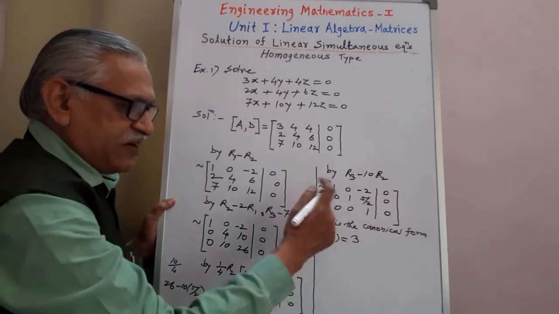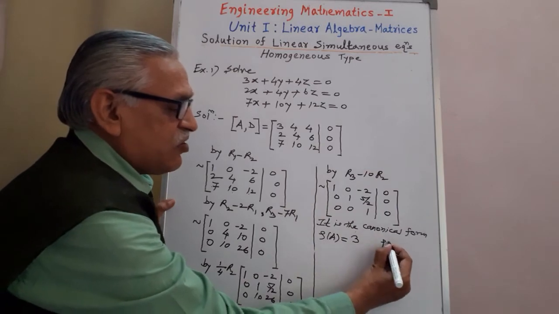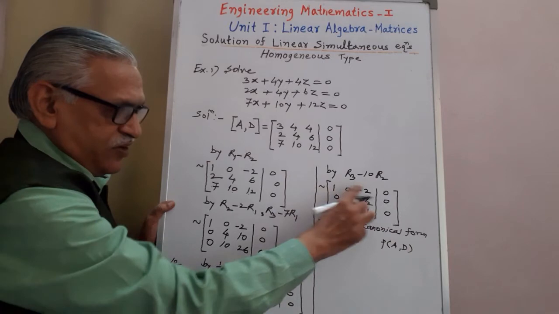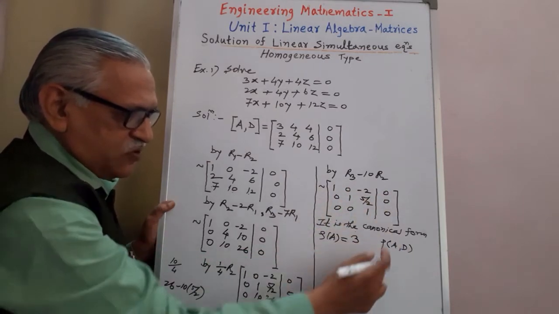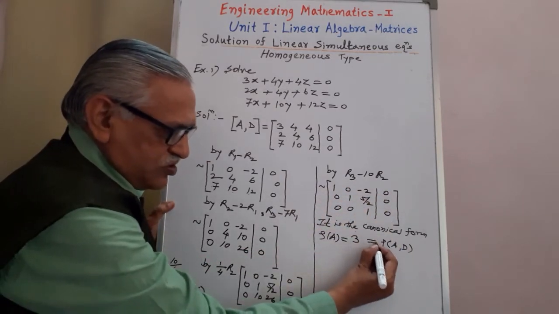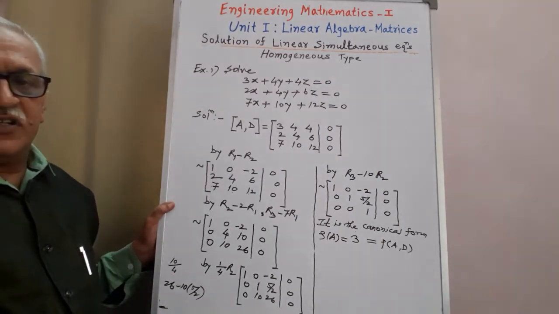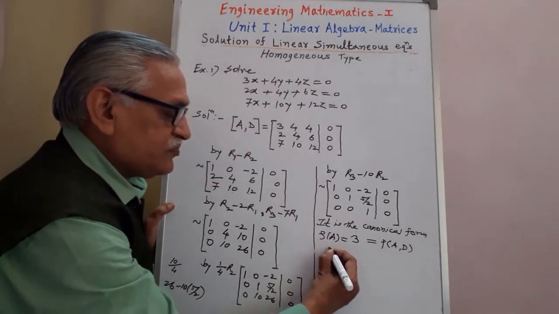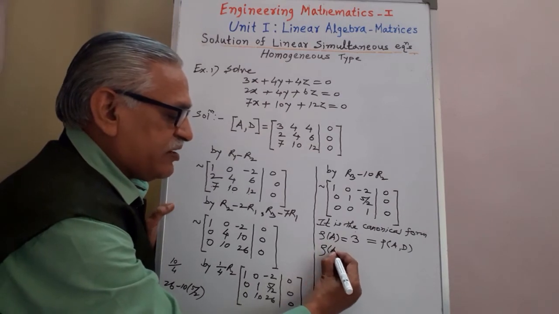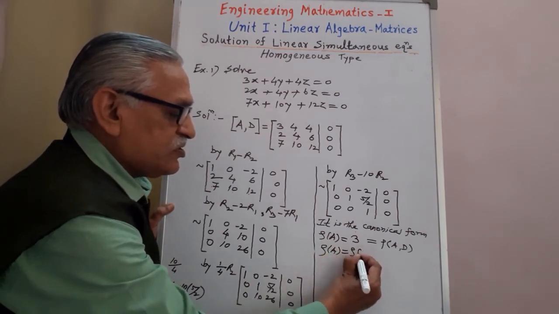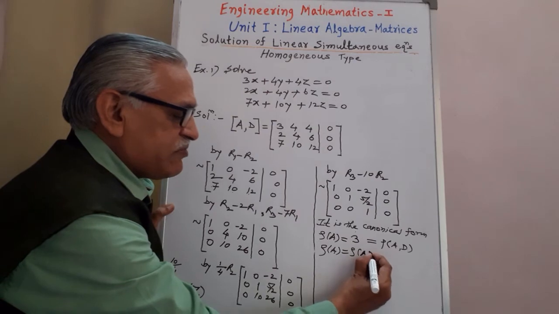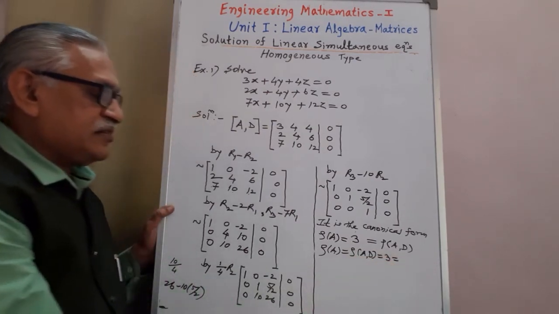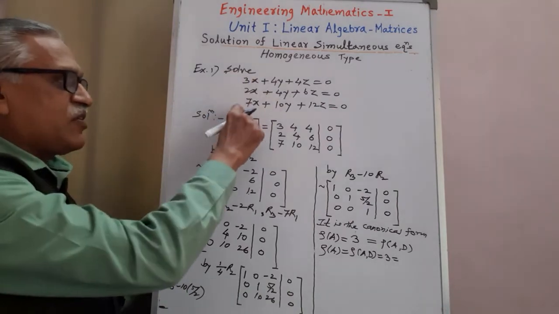Then we determine the rank of AD or augmented matrix. First, second and third row all are non-zero rows. Here, the two ranks are equal, that is, rank of A equals rank of augmented matrix equals 3, and that 3 is equal to the number of unknowns.